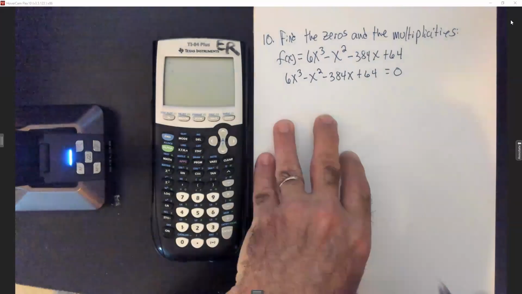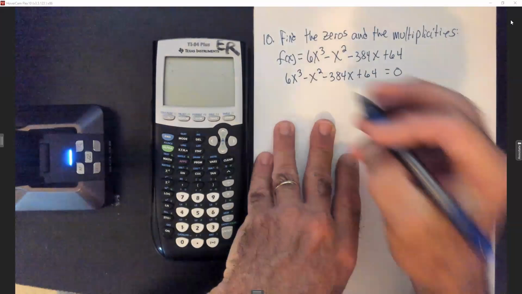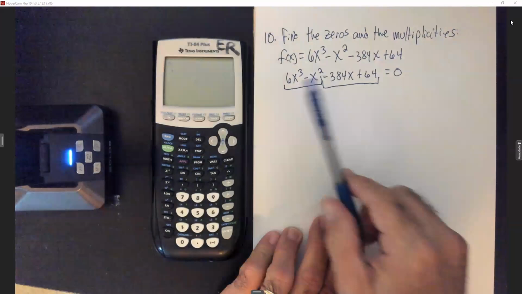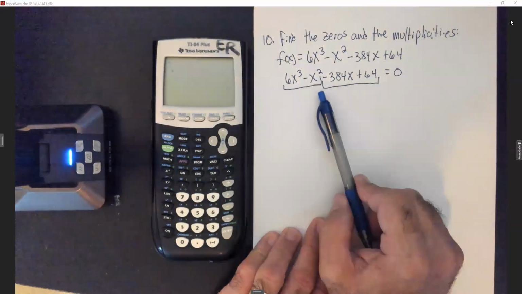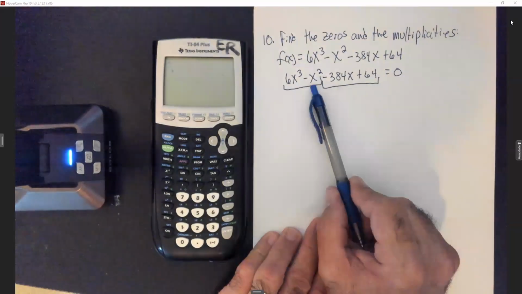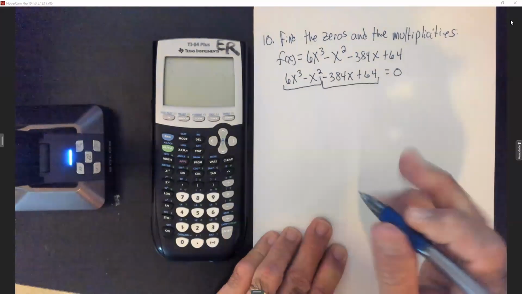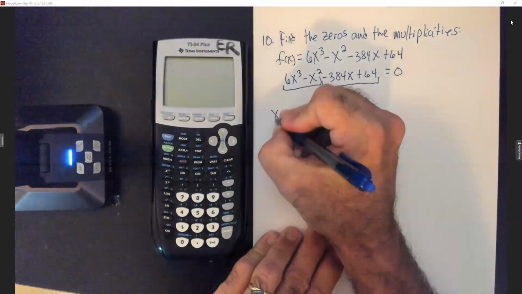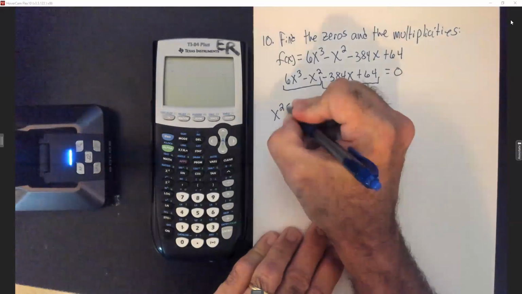All right, so here we go. We're going to group the first two together and the second two together. Find GCFs of each. So 6x to the third, x squared. The most that they have in common is an x squared. So we're going to factor out the x squared and put everything else in parentheses.